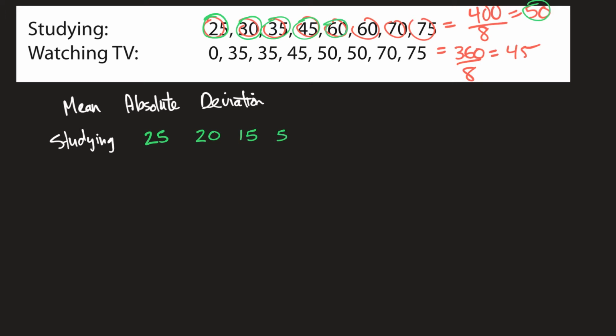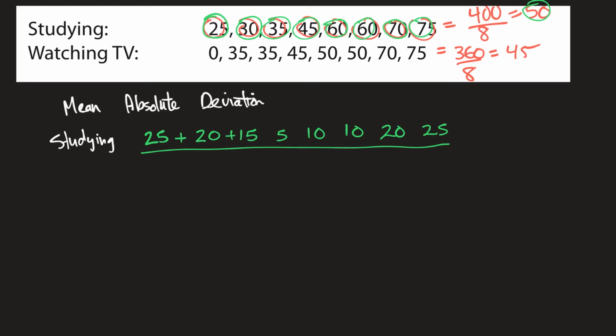And 60 and 50, that deviation's 10. And 60 again is going to be 10. 70 and 50, that difference is 20. And 75, the deviation or the difference is 25. Now we have all those deviations.